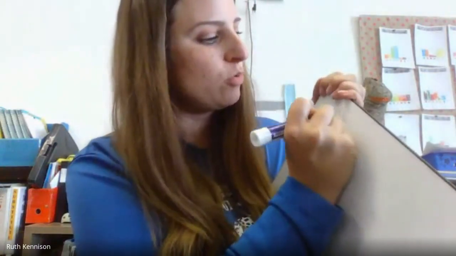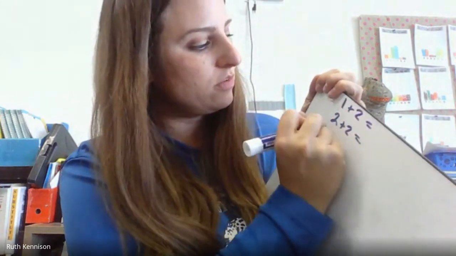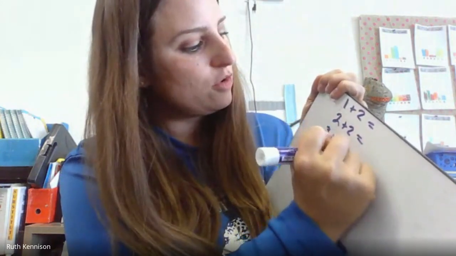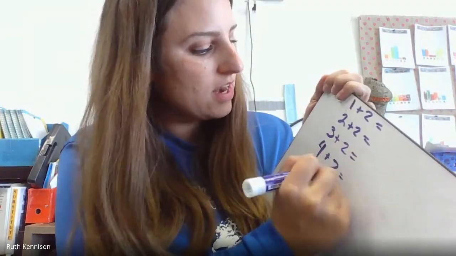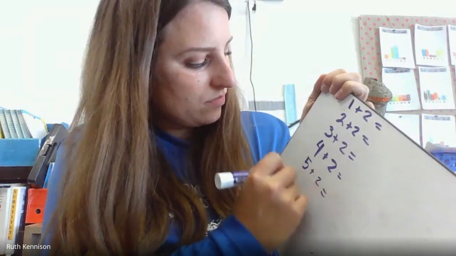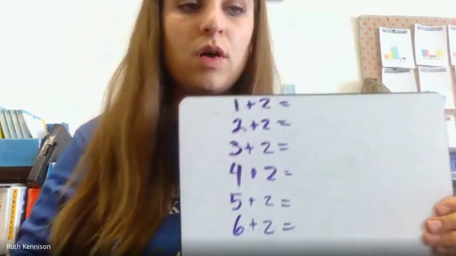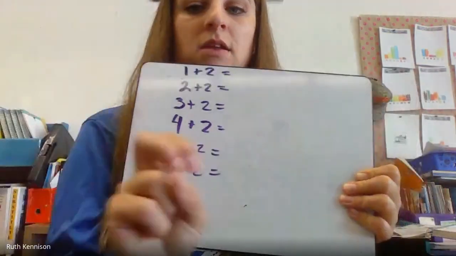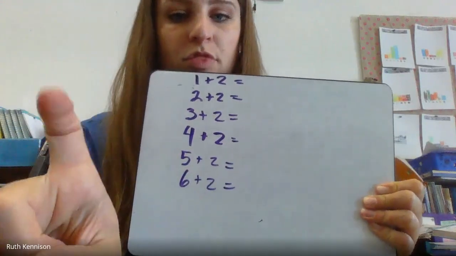Okay, so if we were to continue on another line, let's go into 2s. 1 plus 2 equals, 2 plus 2 equals, 3 plus 2 equals. I just want you guys to think about if that pattern continues. So if we put 2 in our brain, 1 in our fingers, 2, 3, right?